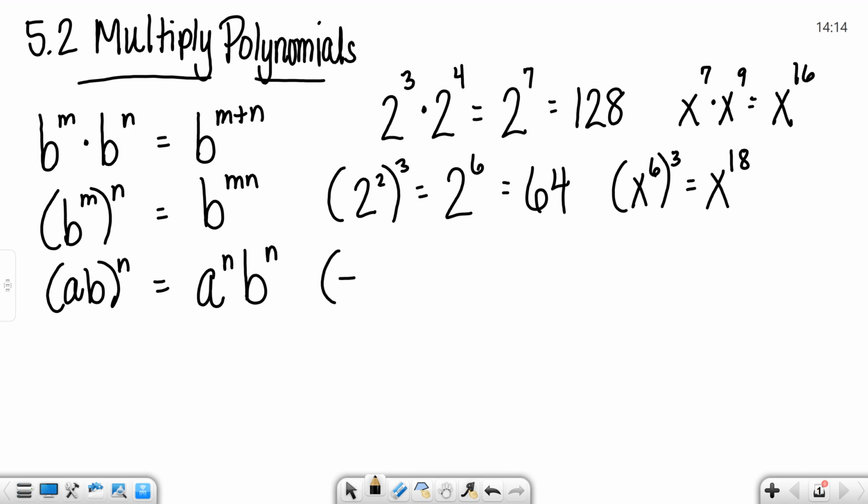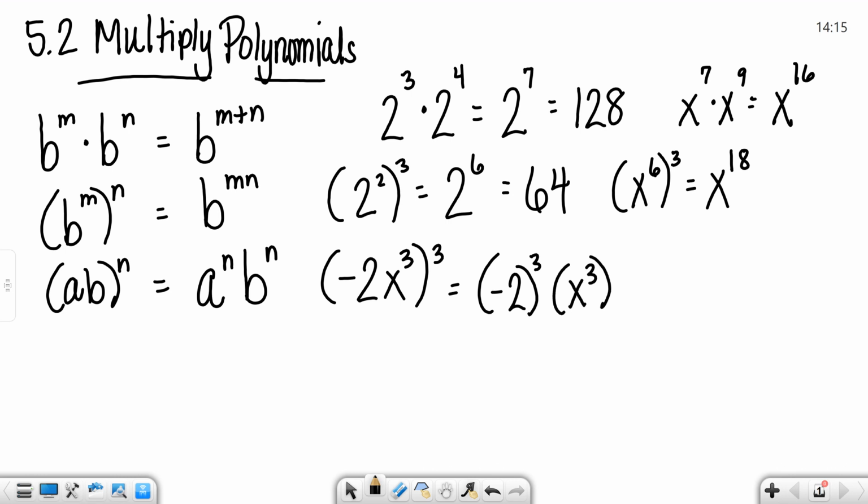So let's say in my parentheses I have negative 2x cubed, and I want to raise all of that to the 3rd power. So everything in parentheses is going to get raised to the 3rd power. So the negative 2 is cubed, and then the x cubed is cubed.